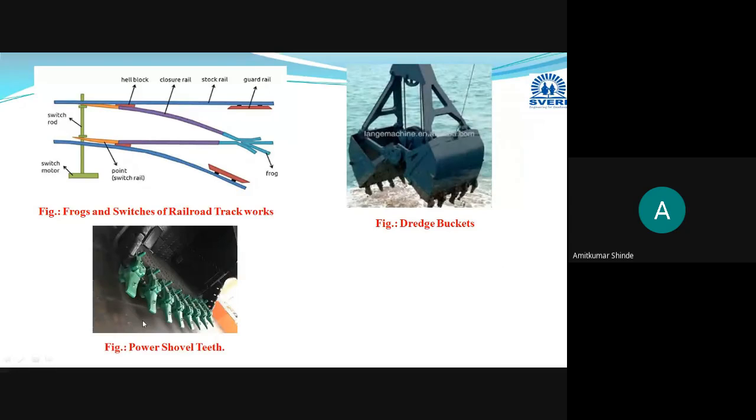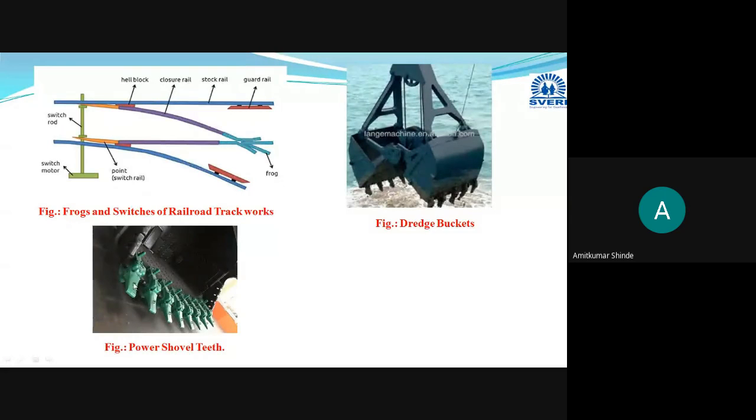Then the next application is the jaws of the stone crusher, or these dredge buckets. These are the buckets in different machines, the excavator machines. That bucket will be termed as the dredge bucket. In your JCB also that dredge bucket is there. Along with these dredge buckets, certain teeth are there.